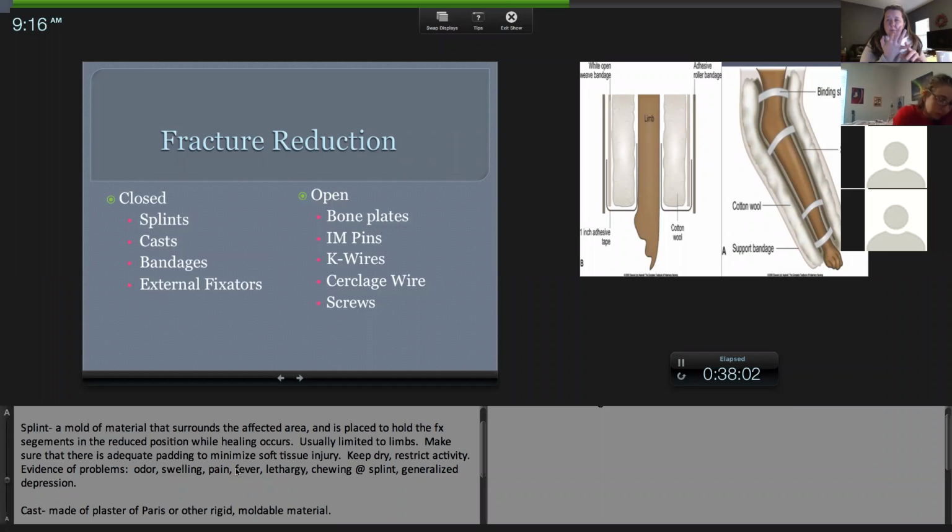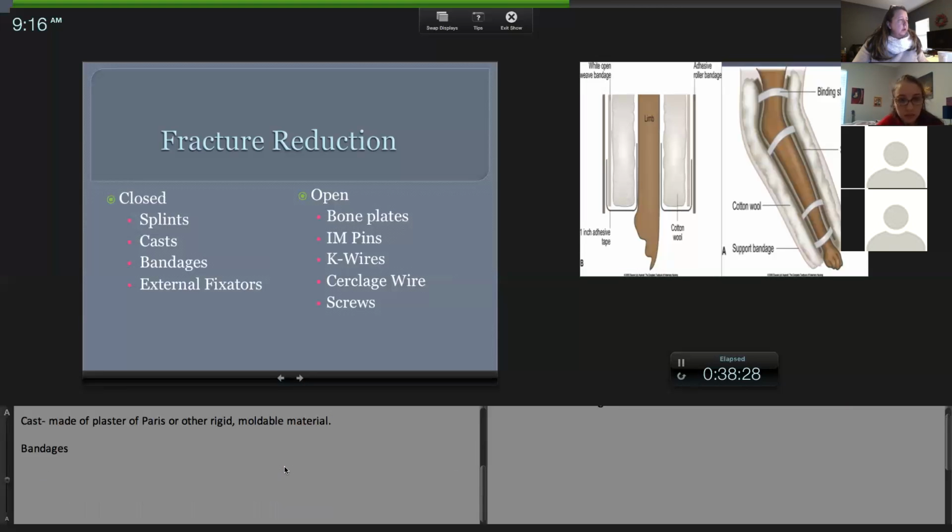Okay, that's the bone plate, the IM pins, the cerclage wires, screws, K-wires. You can even put interlocking nails on there. Most of my surgeons did not use interlocking nails. They mostly used what's listed here. But open reduction means you got to open the leg, if you want to think of it that way.